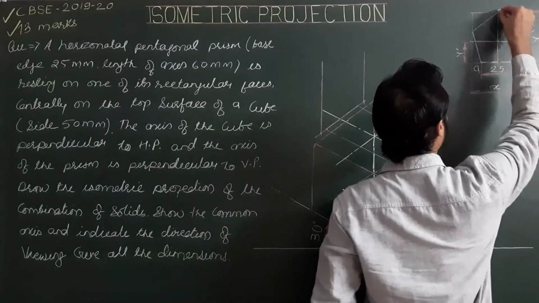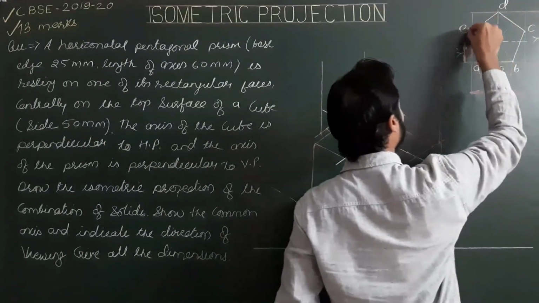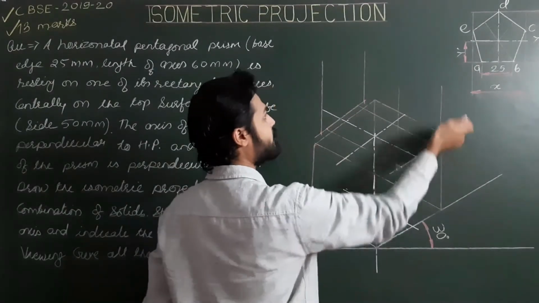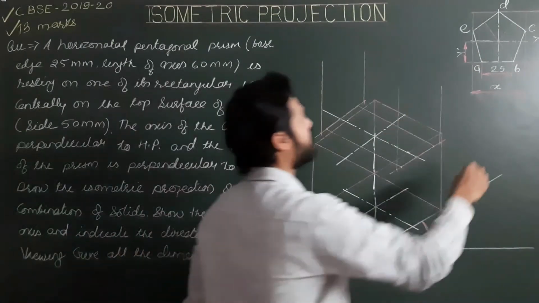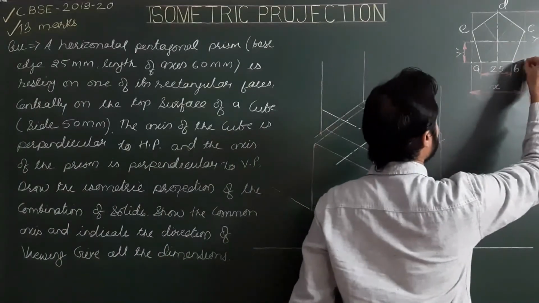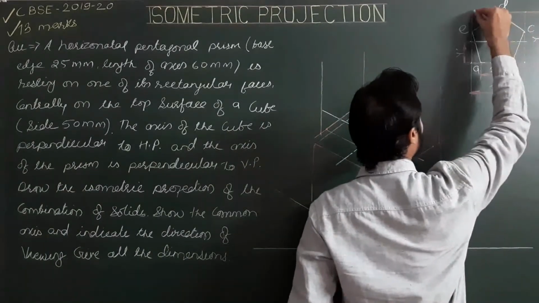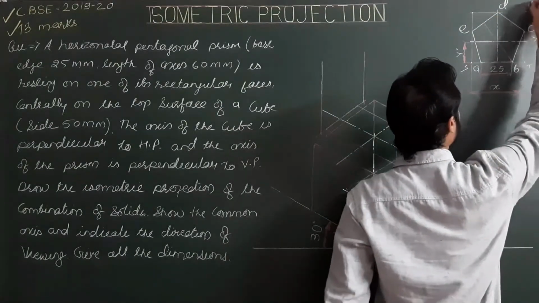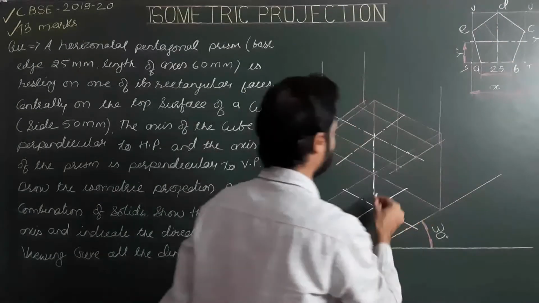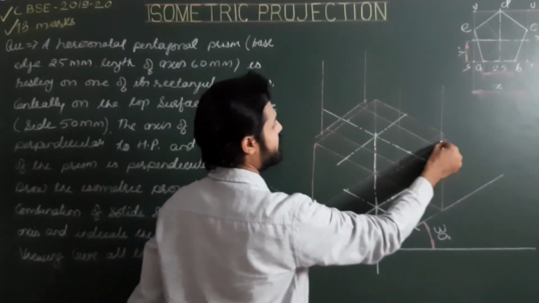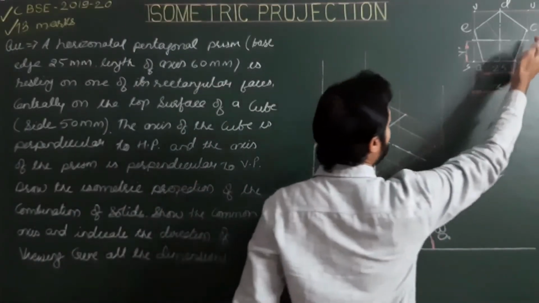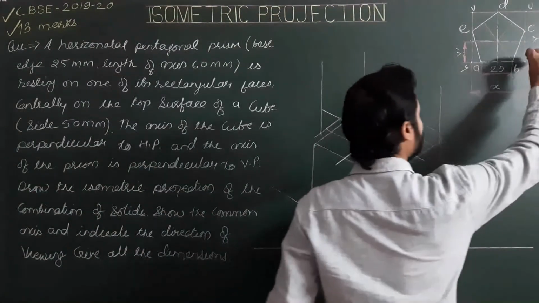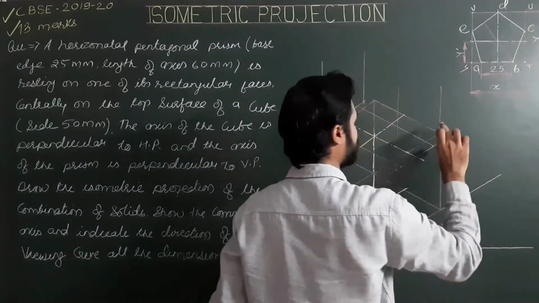The points are A, B, C, D, and E. So these are the first 2 points, A and B. Now for C and the corners, see these corners are S, T, U, and V. So this is S, T, and then we have to locate C and U. From T to C, this is the distance.